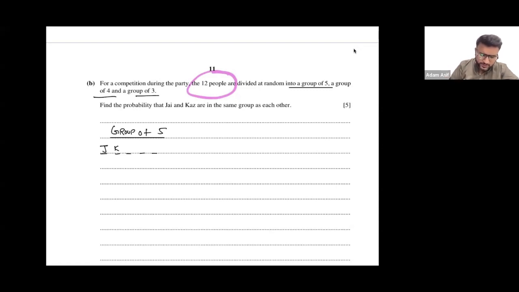Now, this means that there's a group of 5, a group of 4, and a group of 3.